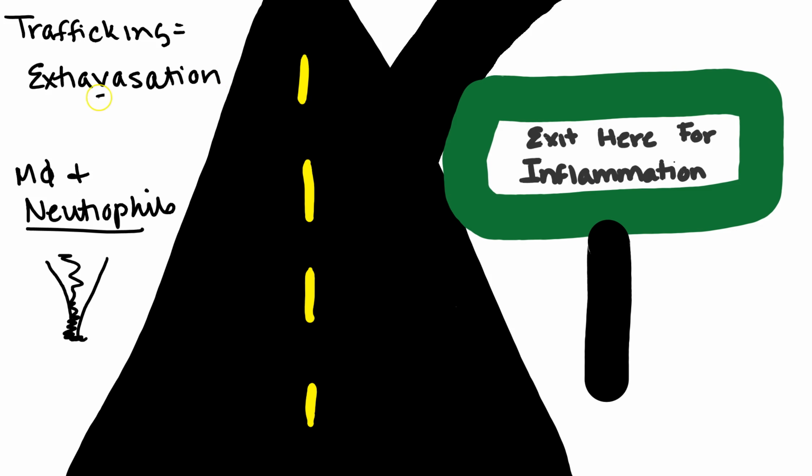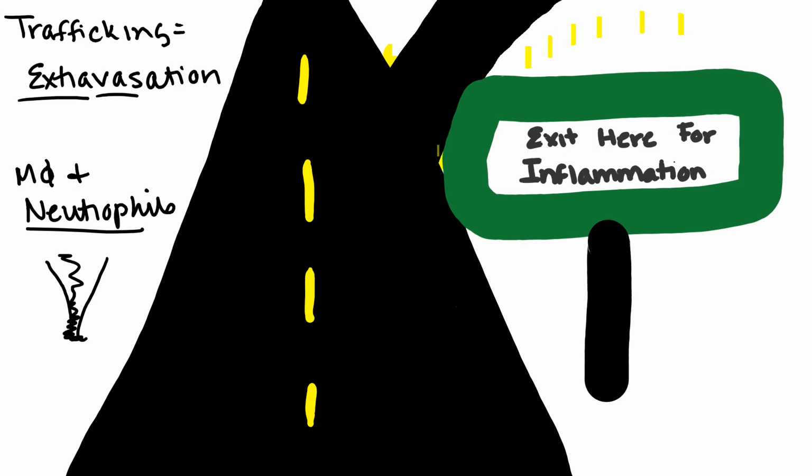Because we're going to leave the vasculature and go outside of it to the site. So that's extravasation. At the site of inflammation, there's going to be a whole lot of cytokines and chemokines that are basically going to draw the cells to the site where the inflammation is actually happening. And they're going to do this by basically making the site more permeable.